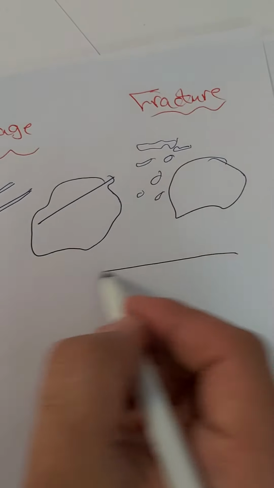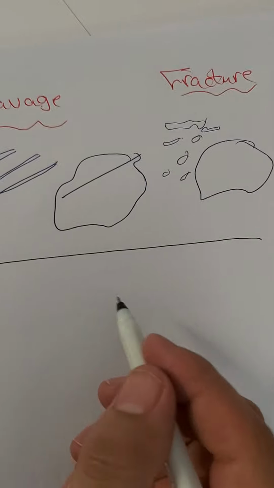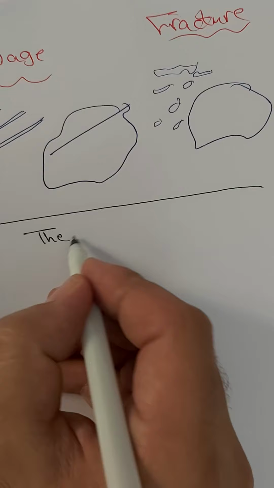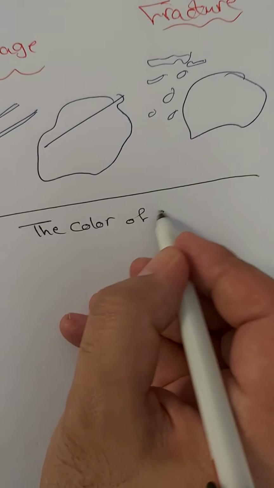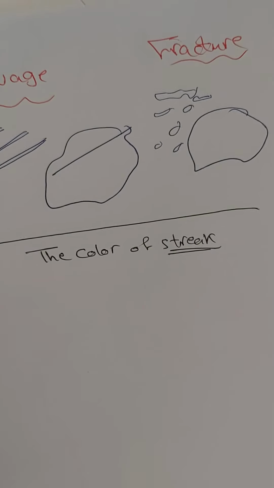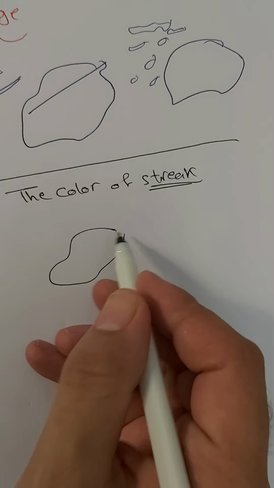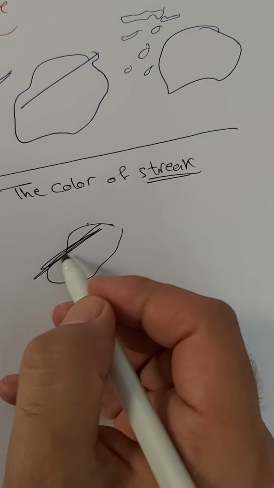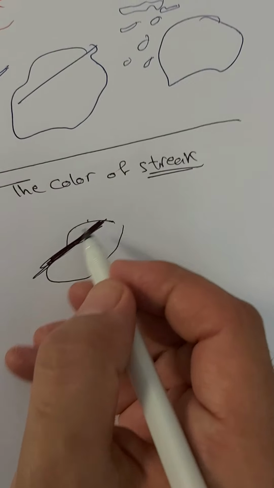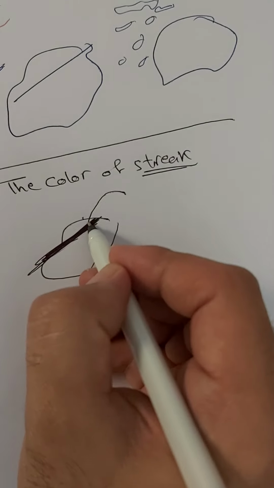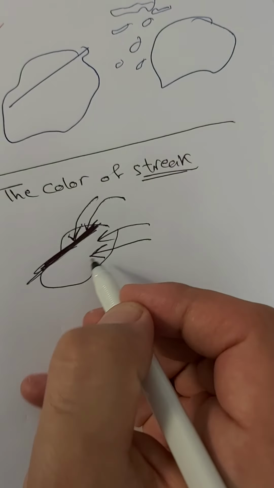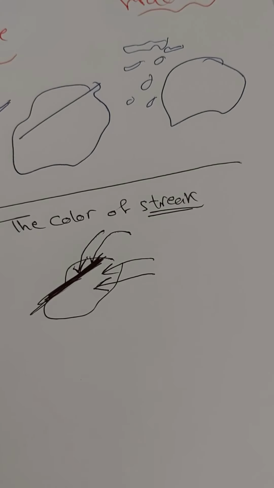Then sometimes the color of the streak gives details about these minerals. The streak means when you cut it, this part will appear in a different color. Why? Because the reflection of light here is not like the reflection of light here, as I took before in the properties of light.